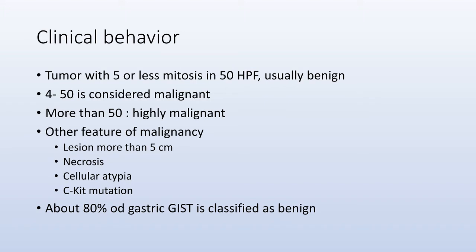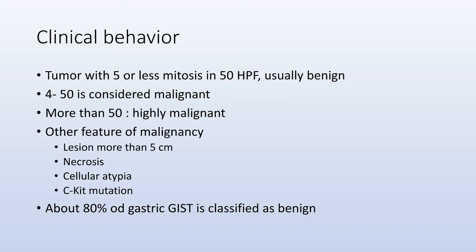If they have got more than 5, up to 50, they are malignant, and if they have got more than 50 mitoses per 50 high power fields, then they will be considered as highly malignant, quickly metastasizing tumors. Another feature that will help us is the size, and the cutoff is 5 centimeters. Also, under the microscope the pathologist may see necrosis, the degree of atypia in the cells, and hyperchromatic irregular nuclei.